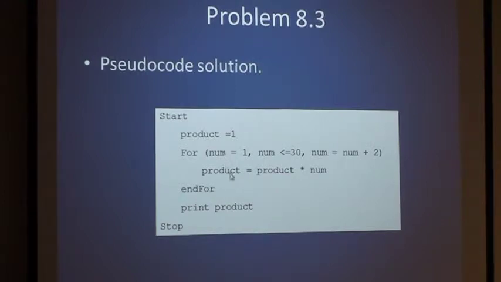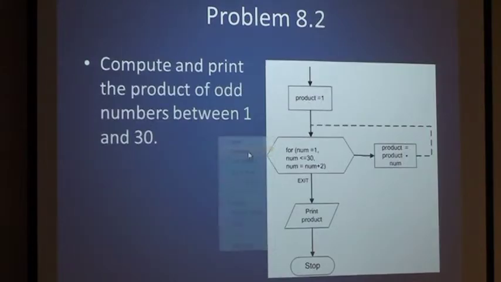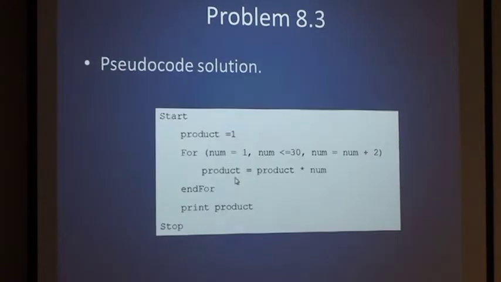This flowchart is exactly the same as the previous slide. So are there any questions on it? Please note we are printing the product only after this entire loop is done, and just once. If you wanted to print it every single time it changes, you would print it here.